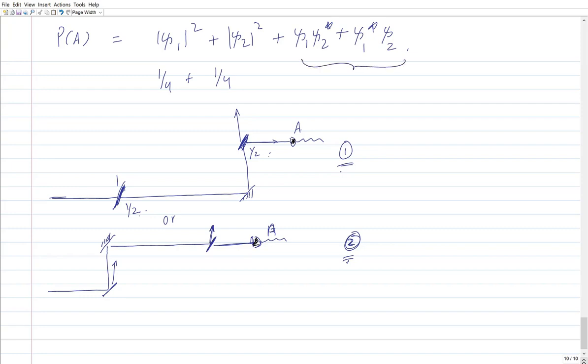We did not take into account these cross terms or the interference terms, which for the event at A was exactly equal to half, since this whole thing came out to be 1. So the probability of detection at A because of this interference turned out to be 1. And subsequently the probability came out to be zero for B. So I'm not filling in the numbers. That's for you to do in one of the homework questions, how these things work out.